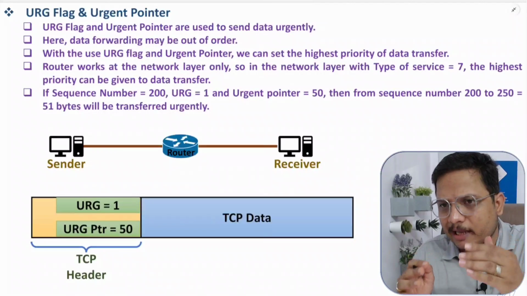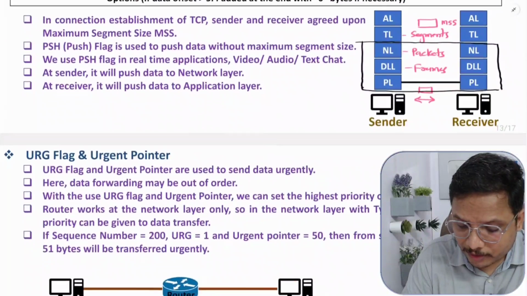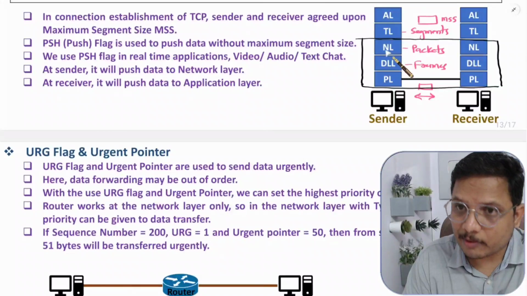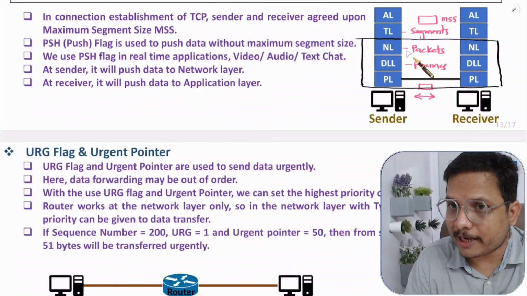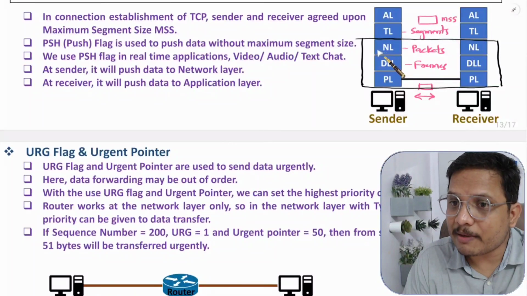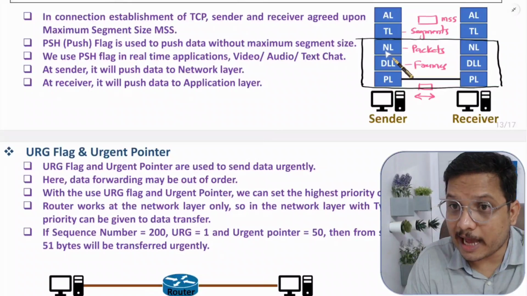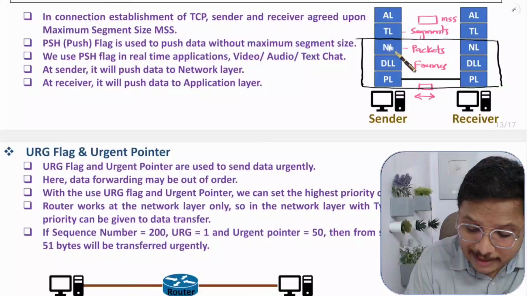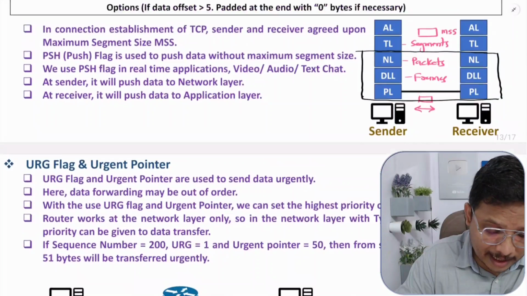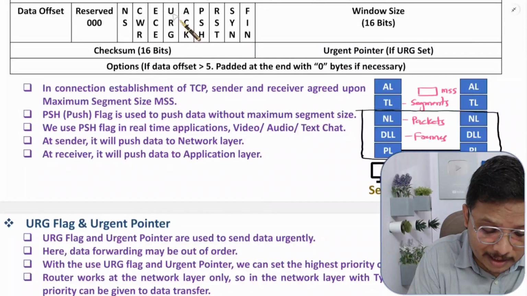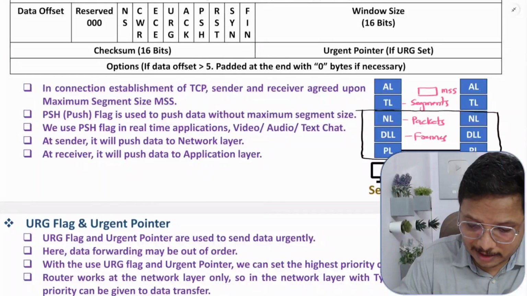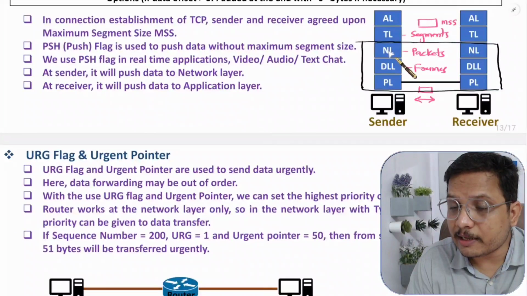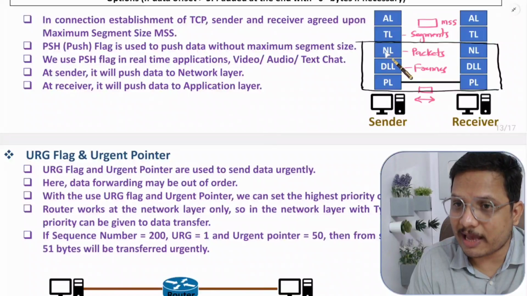So practically what happens is, the transport layer gives segments to the network layer. The network layer will form packets. Here there can be IPv4 or IPv6. In IPv4 we have type of service. If the network layer observes this urgent bit is equal to 1, then it will make the type of service field in IPv4 equal to 7.